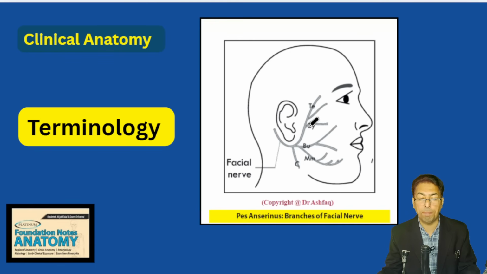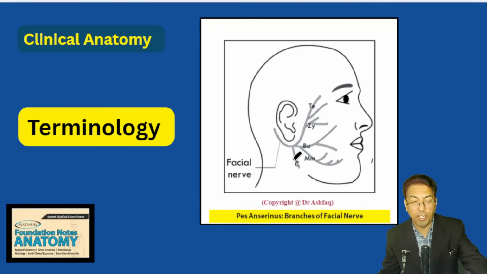Because of the peculiar pattern of the feet of the bird seen over here, this is especially important from the head and neck and plastic surgery perspective, because these are the branches of the facial nerve which almost lie transverse to the face. So a vertical cut cannot be done.